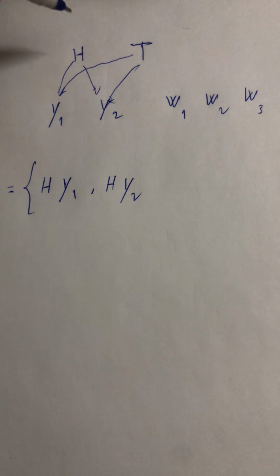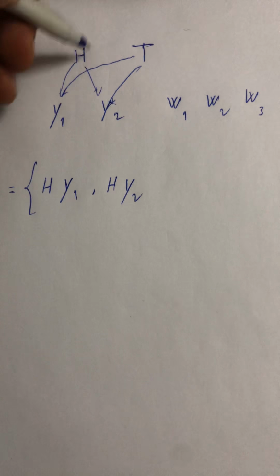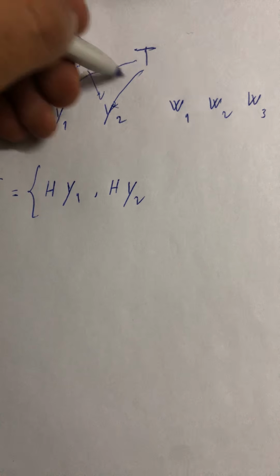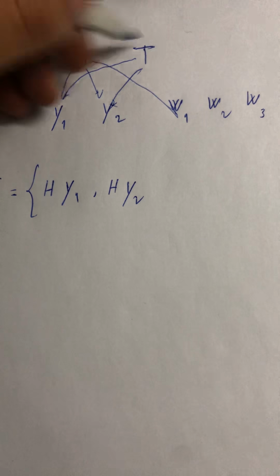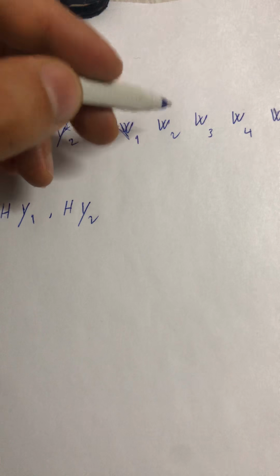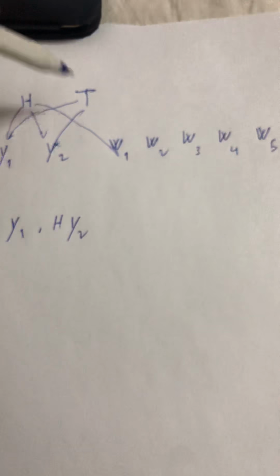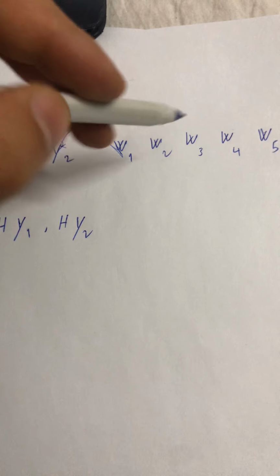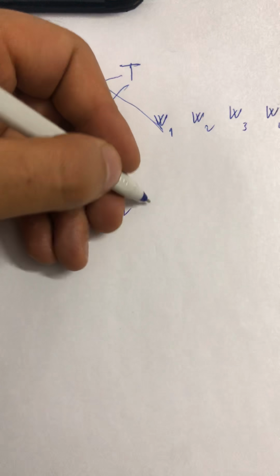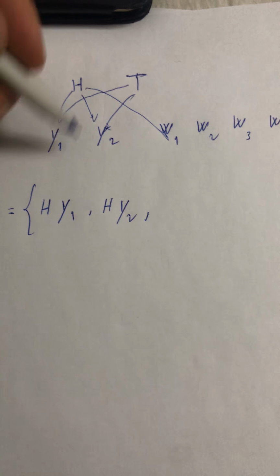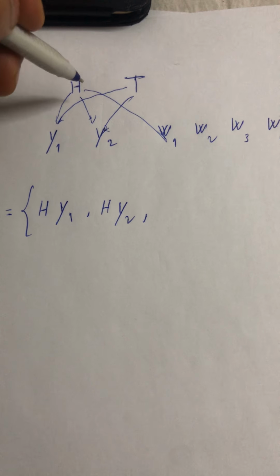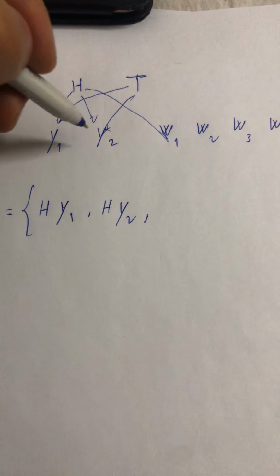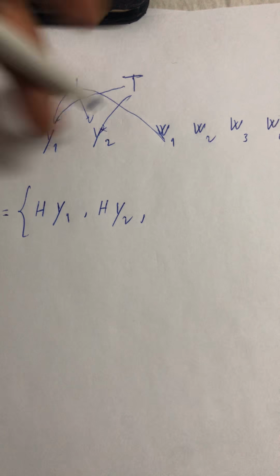When you complete with yellow, we move to white. Here H with W1, W2, W3, W4, etc. Then you move to T, W1, W2. Okay, so I complete H with yellow, now T with yellow, so TY1.